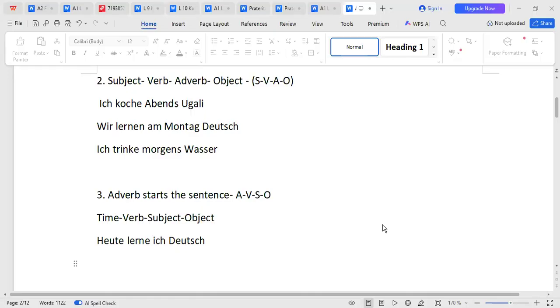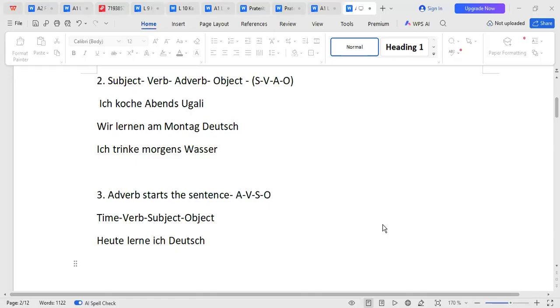So basically, sentence structure. We have the simple structure, the SVO. Ich esse. Ich esse ugali. Ich trinke Wasser. That is the first one. The second one is the sentence structure that includes the adverbs.